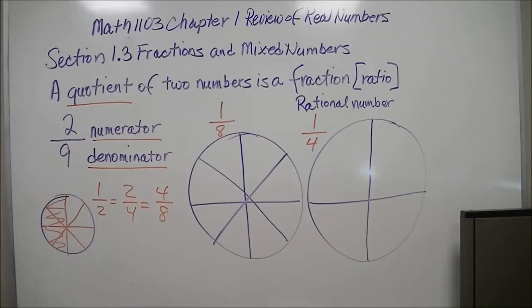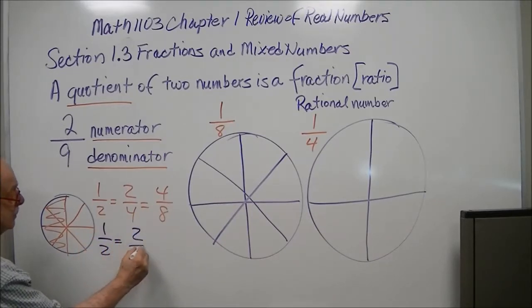So we say that 1/2 and 2/4 and 4/8 are all equivalent. But the point is, how did we get there? Well, what did we have to do to multiply 1/2 so it became 2/4?